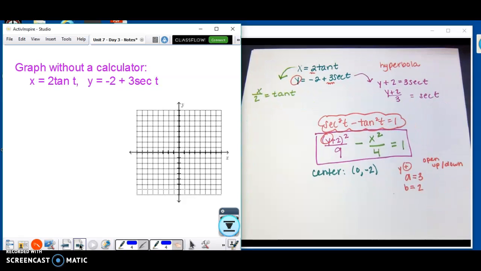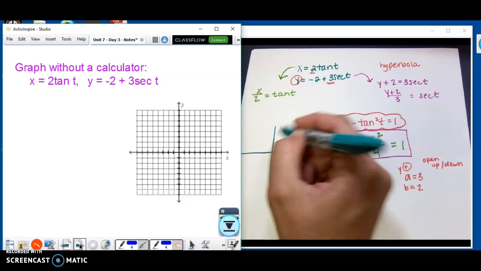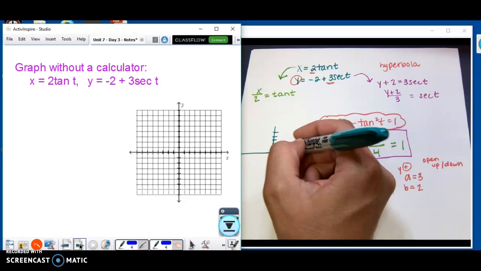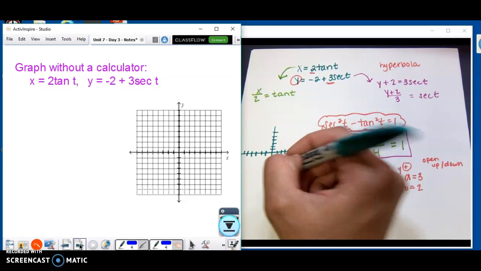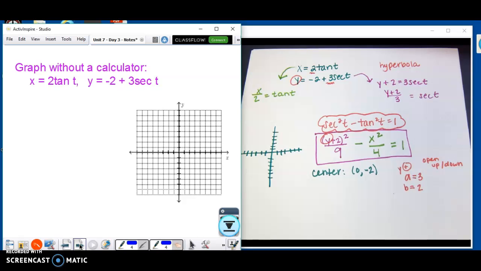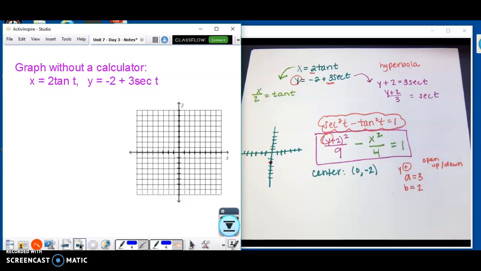So if we just sketch a little graph here. We know that our center is 0, negative 2. The A value, you can think about it as the major axis.